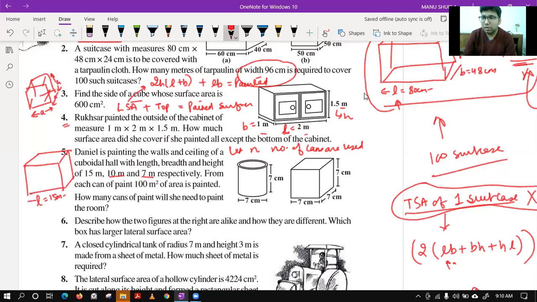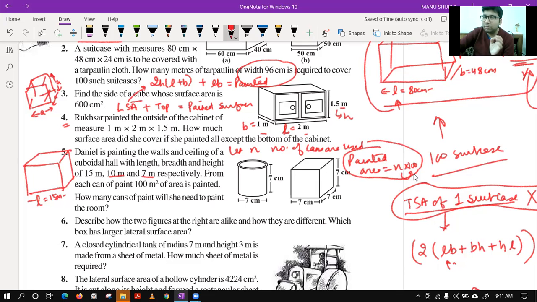This is a variable. The story should be like this: painted area is equal to n into 100. That's it. Because area painted by one can is equal to 100 meters square.